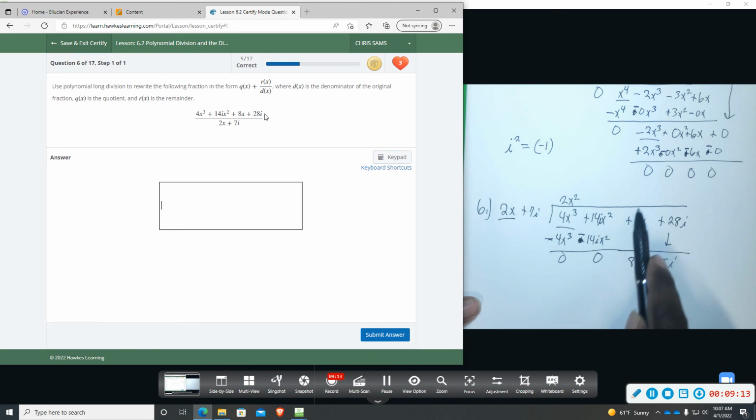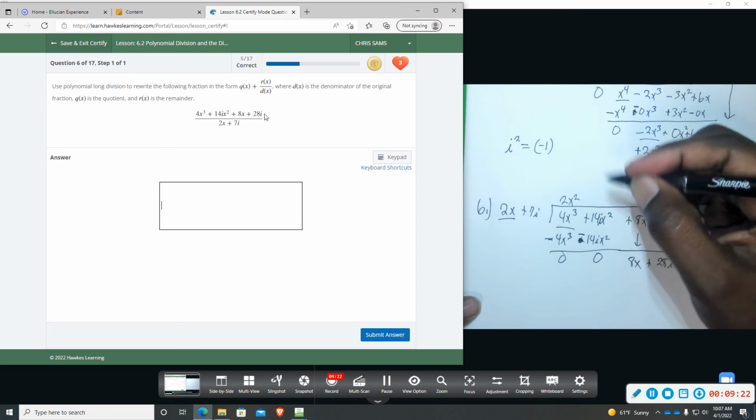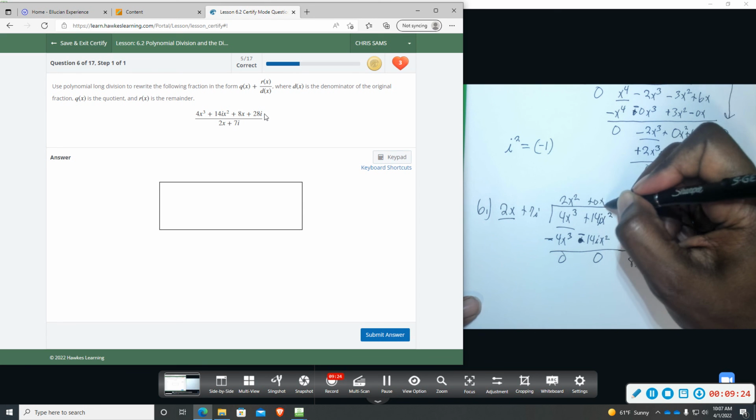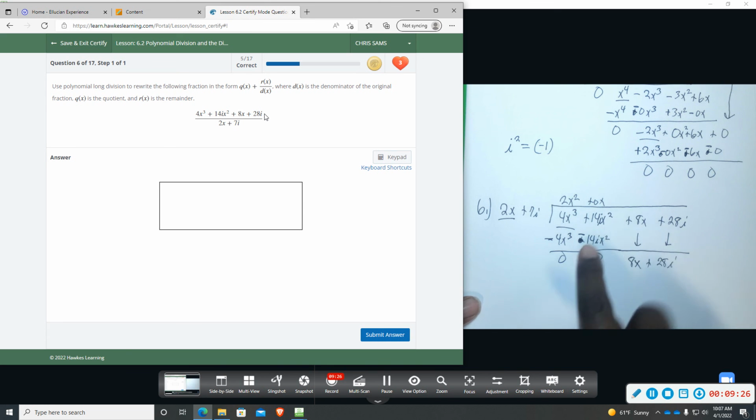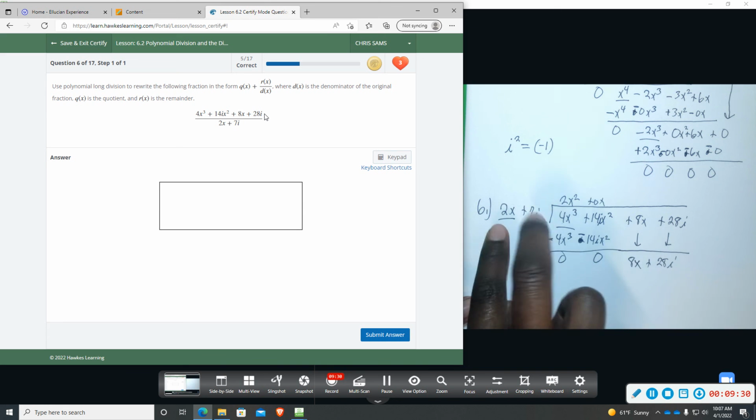Once you got here, you would bring the next term down and see how many times you would have to multiply by to get that. Well, you lost the x squared term, so you would say just plus 0x, but you don't need that. That's just a placeholder. So instead, I'm skipping that step and bringing in the next 2 terms down, and then we can finish up there.